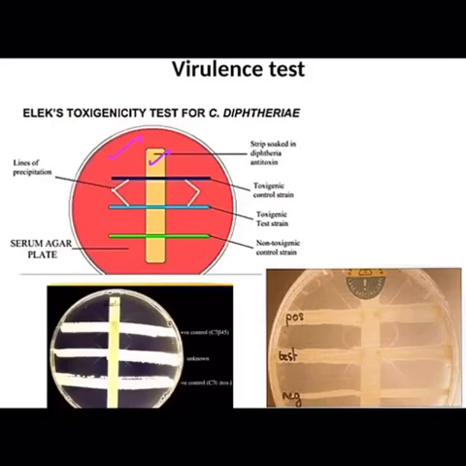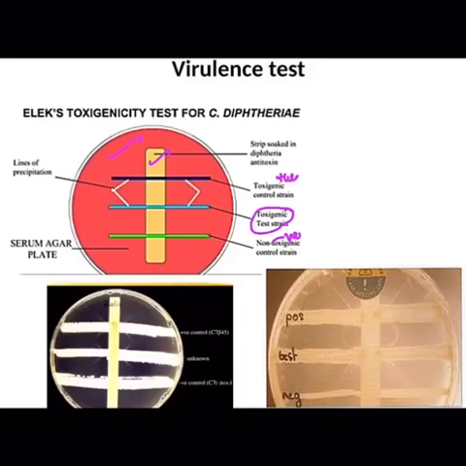So this is the positive control strain which produces toxin. This is the negative non-toxigenic control strain, and this is the test strain. Incubate this overnight at 37 degrees centigrade and look for lines of precipitation.